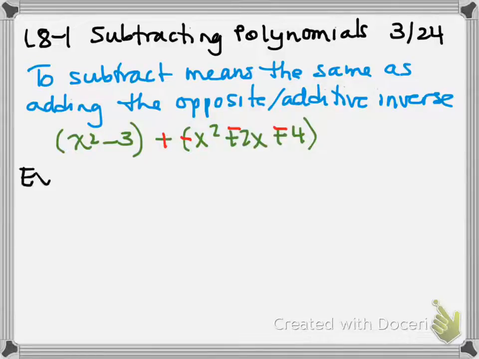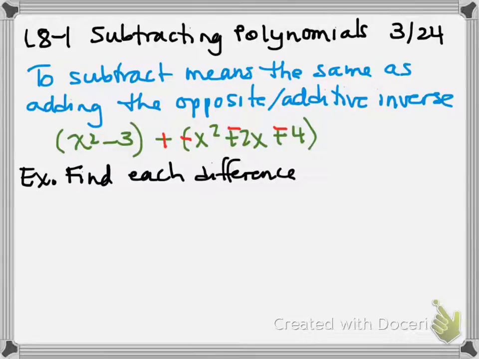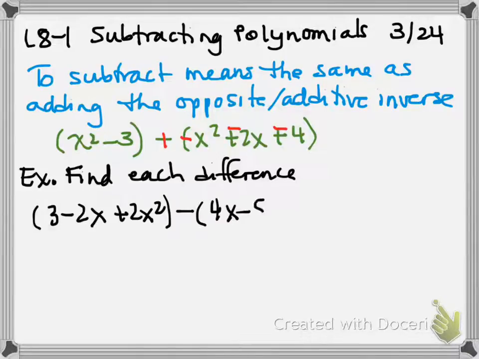Directions are just going to ask us to find each difference. So we've got 3 minus 2x plus 2x squared, and the second polynomial that we're subtracting is going to be 4x minus 5 plus 3x squared.